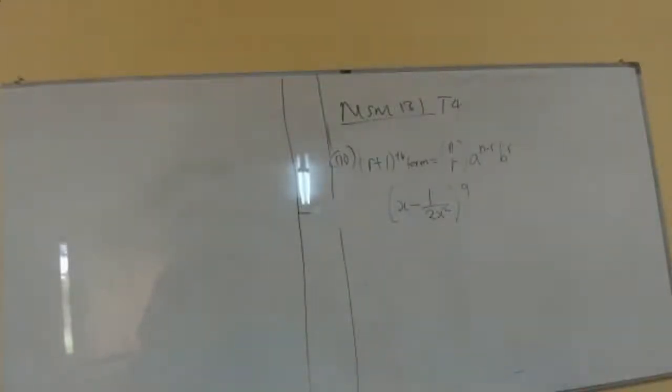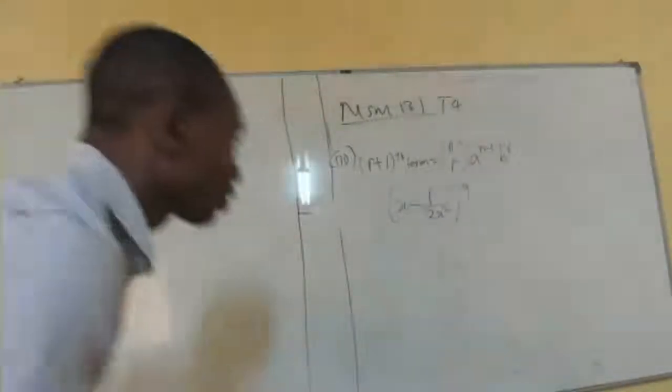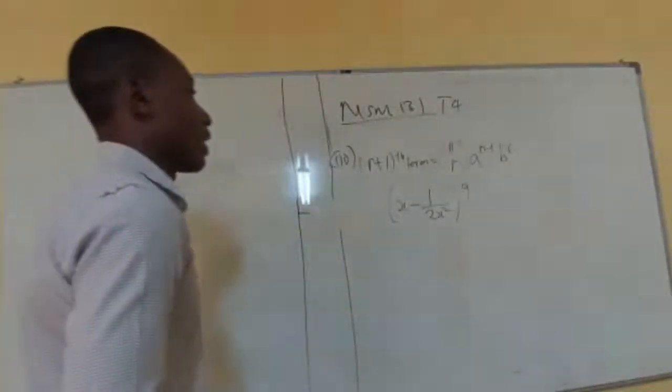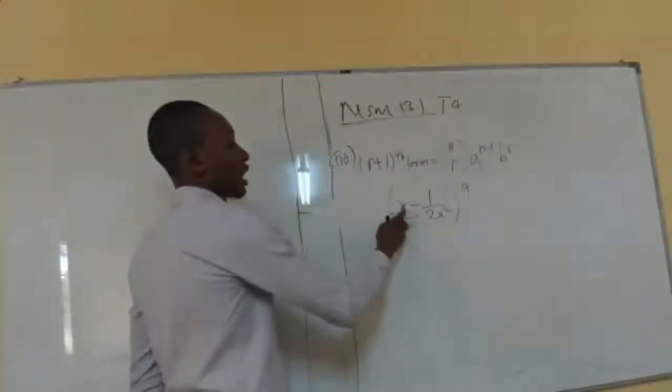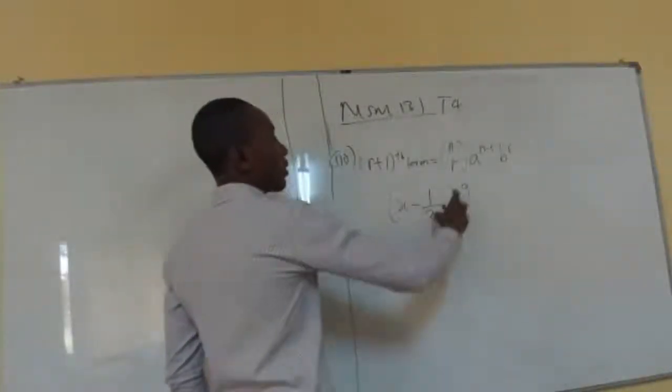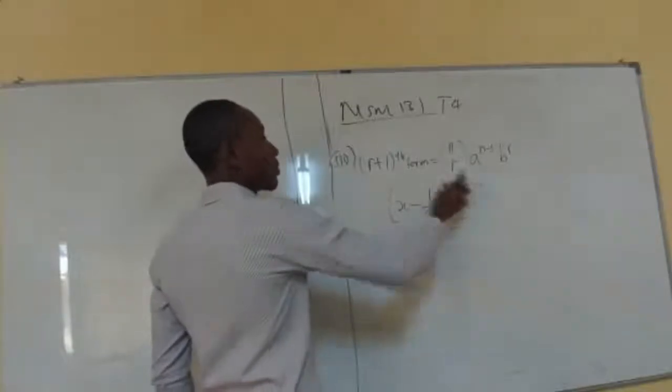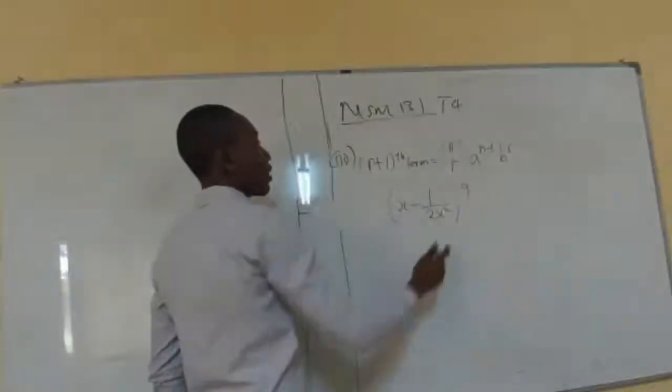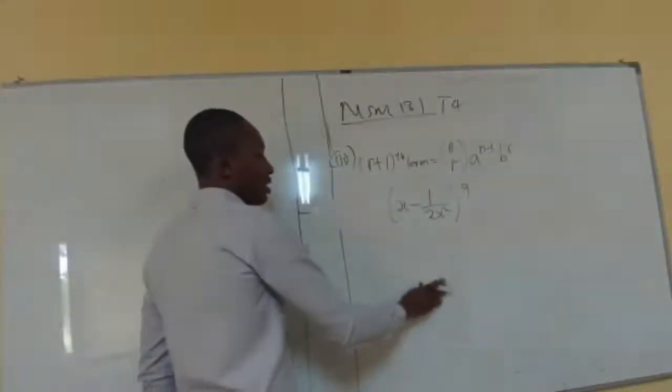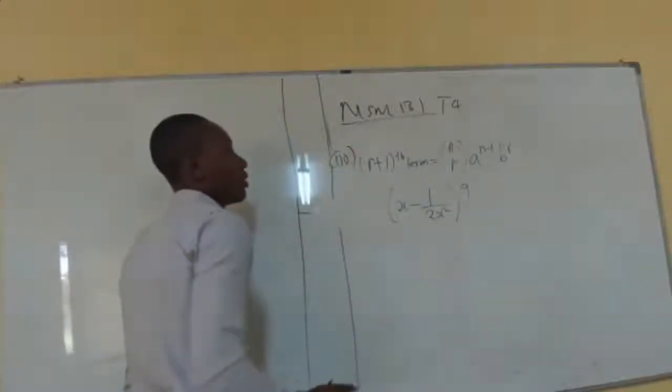What we are going to do is identify the n, and also identify the a and the b. So this is a, this is b, and this is n.